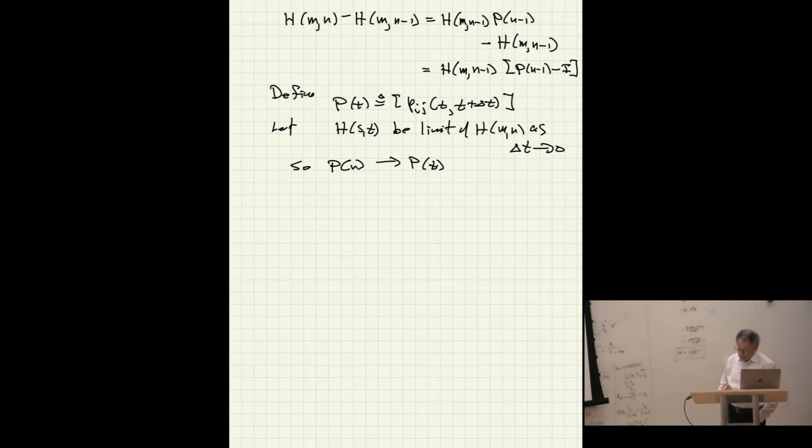As h of m and n gets shrunk down, remember, we're going to let h of s and t be the limit of this h of m and n as it drops down. So we're going to get h of s and t minus itself at t plus delta t, divided by delta t. That's going to be the partial of h with respect to t.